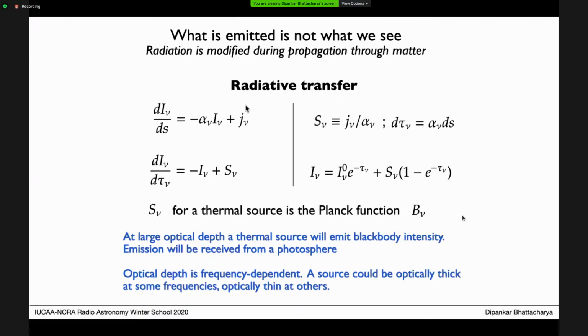So that is J nu. It's called the emission coefficient. This characterizes the emitting material. Whatever be the emitting material, it will have its unique character of how much radiation it produces per unit volume, per unit time, per unit solid angle, and per unit frequency range.